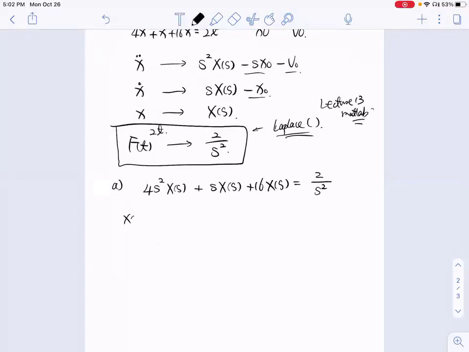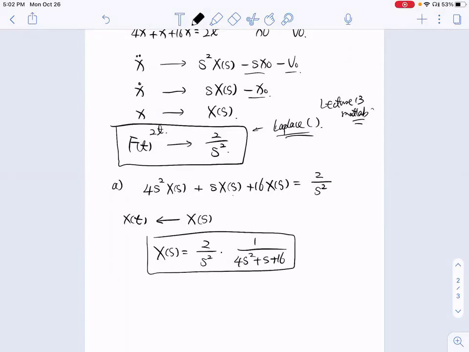Because we want to solve for x(t), you first want to find the solution in the s domain. So you just collect all the X(s) terms and move all the other stuff to the other side of the equation. That's the solution in the s domain.